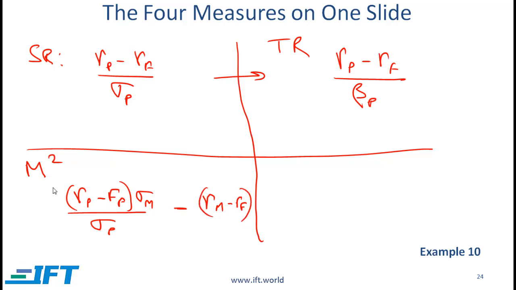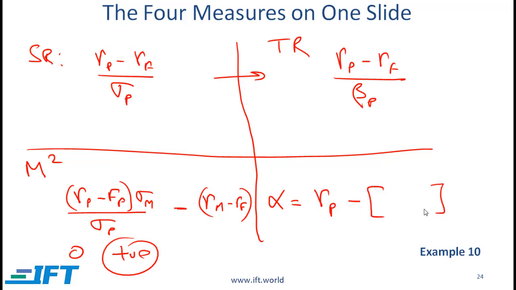This is the m squared measure, and a number of 0 means that the manager is not adding any value over the market. A positive number means that the manager is adding value. A negative number means that the manager is destroying value. And finally, we talked about Jensen's alpha, which is the return on a portfolio minus the expected return based on CAPM.